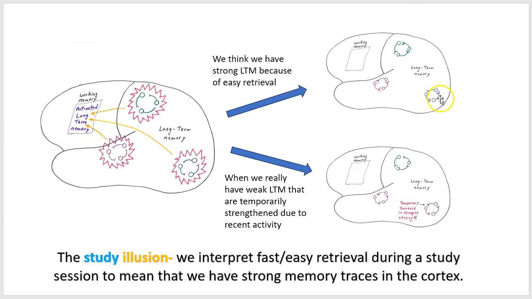But what might really be going on is that we still have weak cortical memory traces that are just temporarily strengthened due to the recent study session. So the study illusion then would be we interpret fast, easy retrieval during a study session to mean that we have strong memory traces in the cortex. That might be false.